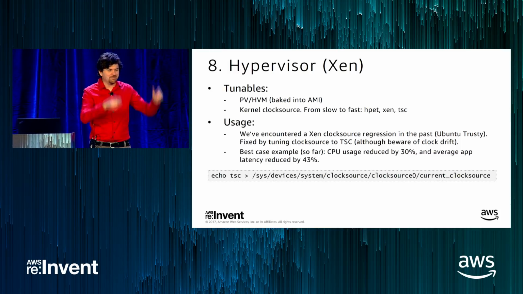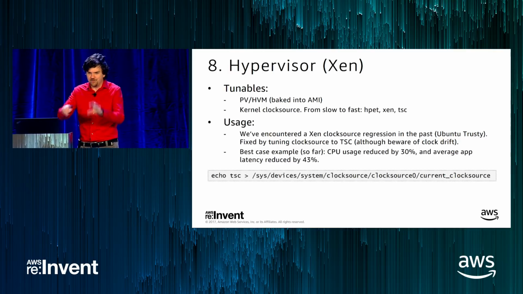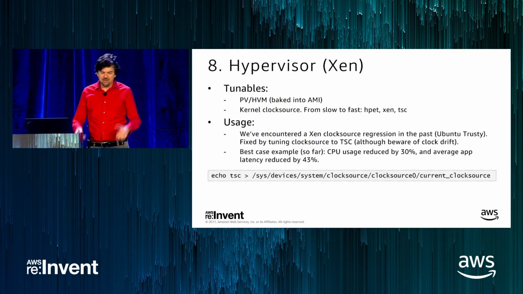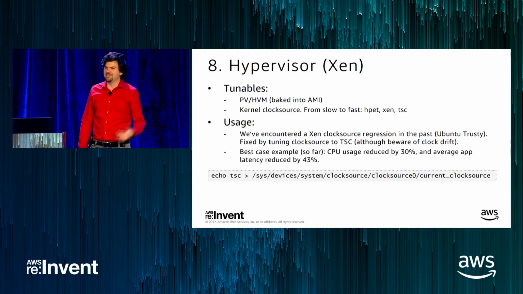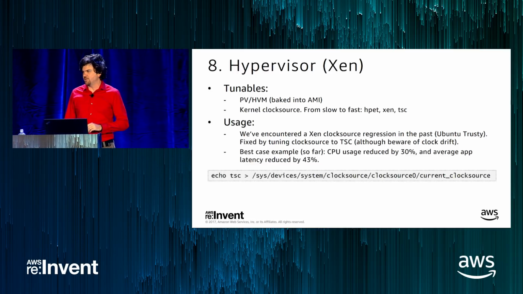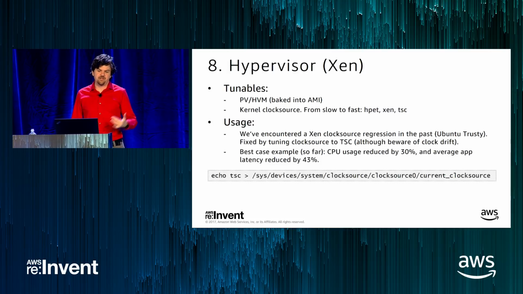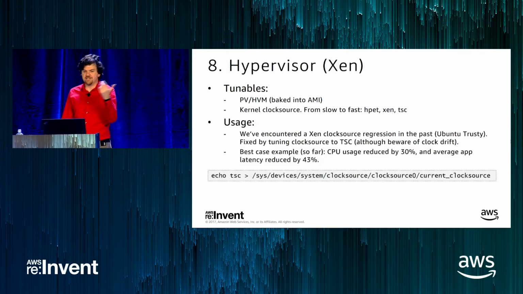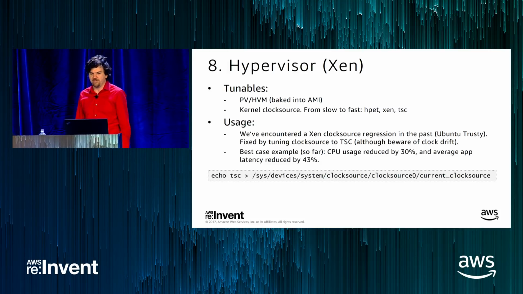All the old tuning advice is still out there. So if you search for PV versus HVM, you'll see some very out-of-date advice telling you that PV is faster. PV may be faster for some very corner case workloads, but nowadays it's the HVM instances. And of course, as I said earlier, once they boot, they may be using PV HVM.